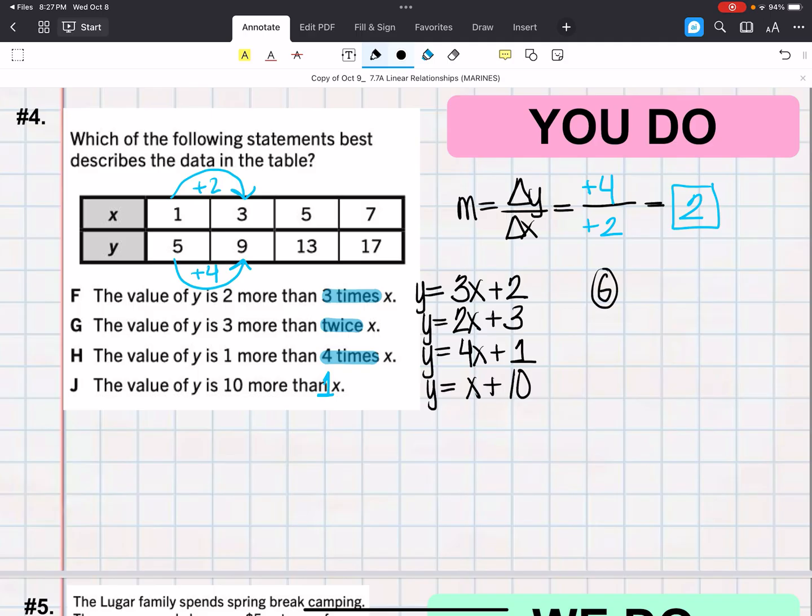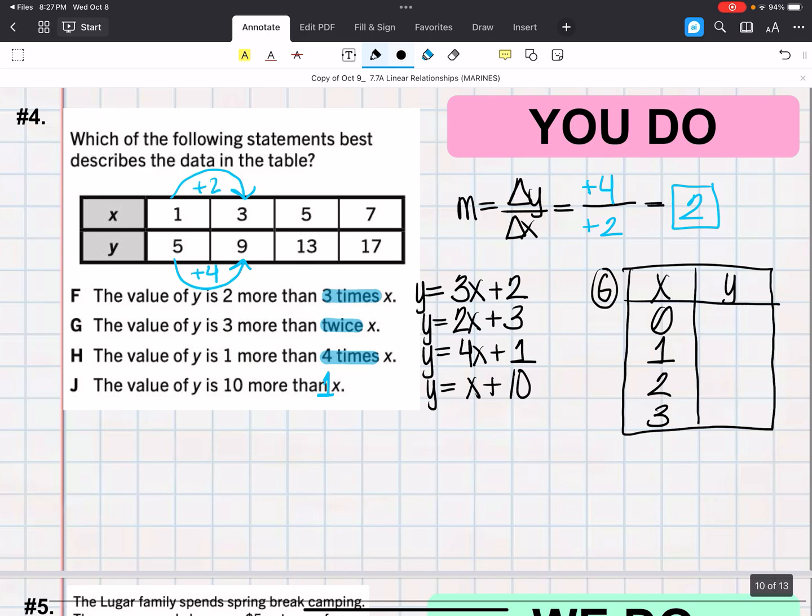I'm going to check my work by also working backwards and incorporating the 0. I want to know what is the initial amount. So here it tells me when x is 1, y is 5. When x is 3, y is 9.